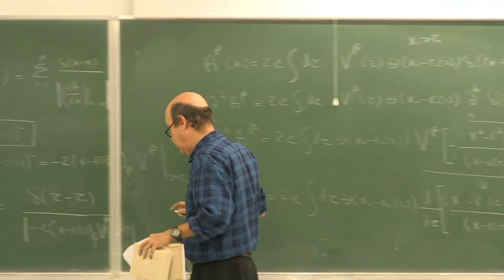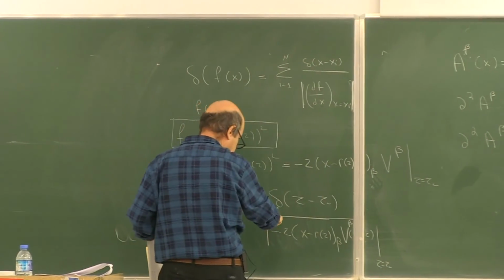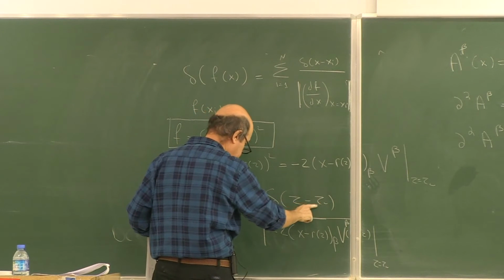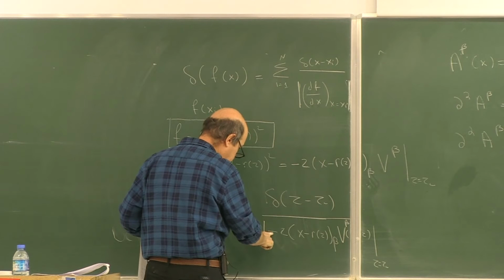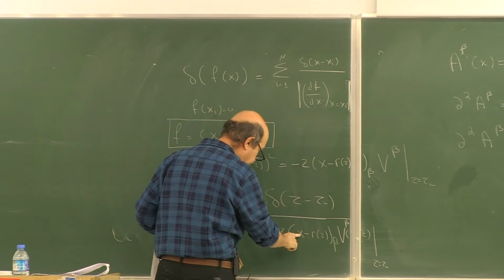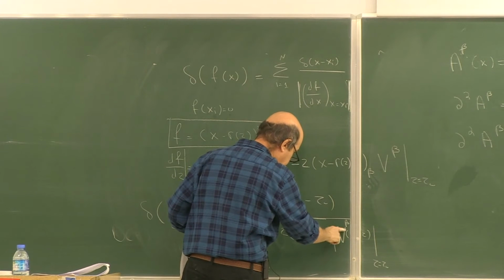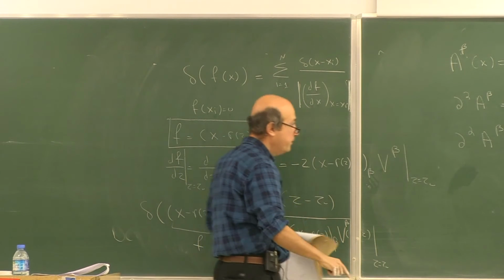So instead of delta f, you can write δ(τ − τ0) divided by the absolute value of 2(x − r)·v, the product in 4 dimensions.